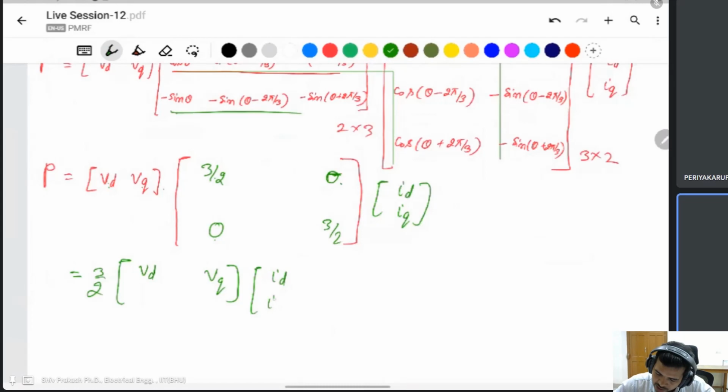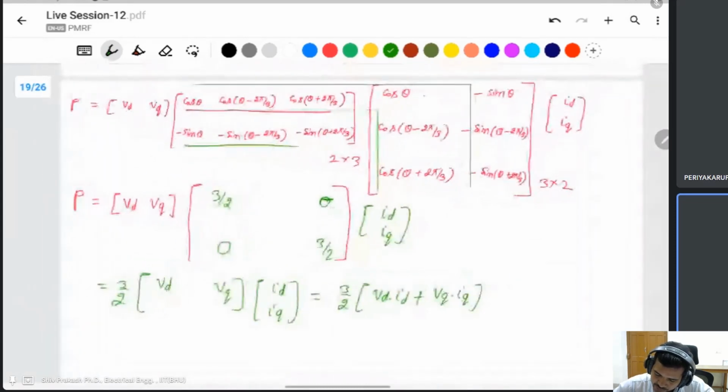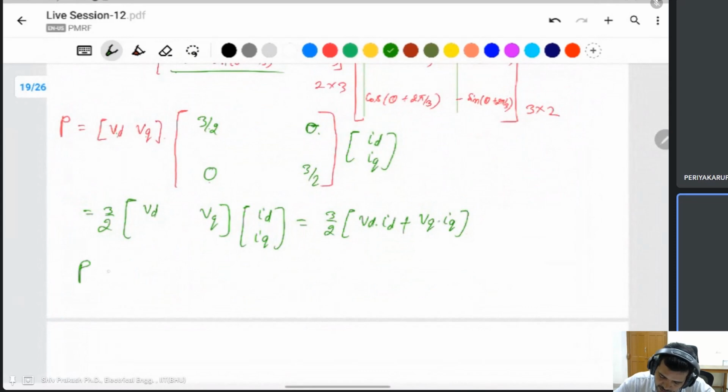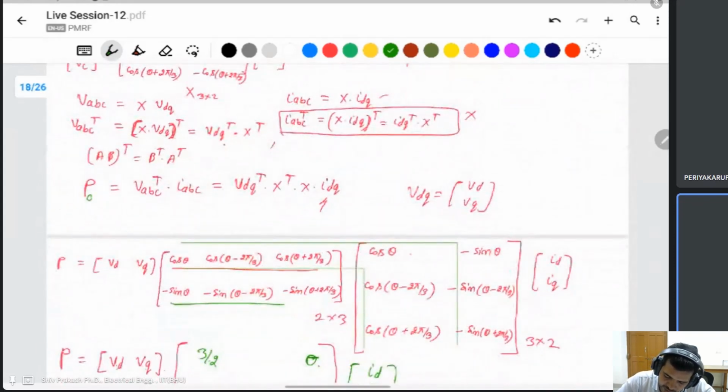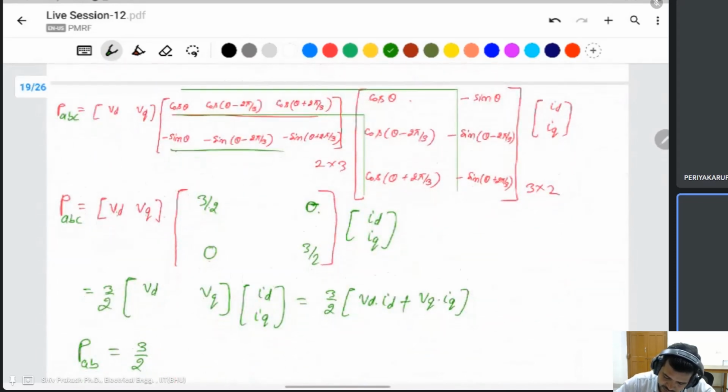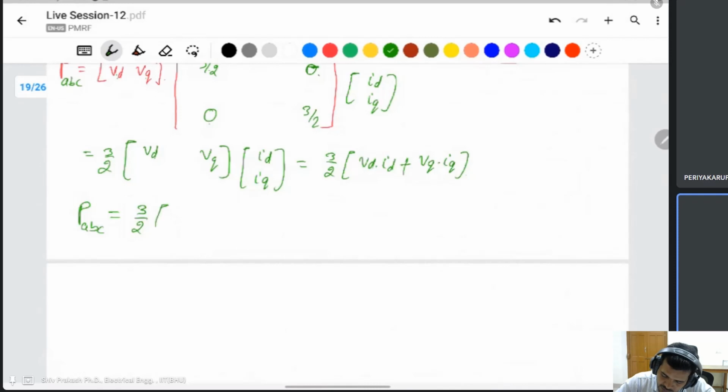So P is equal to 3 by 2 into VD into ID plus VQ into IQ. This is P ABC, because I took PABC from the start.